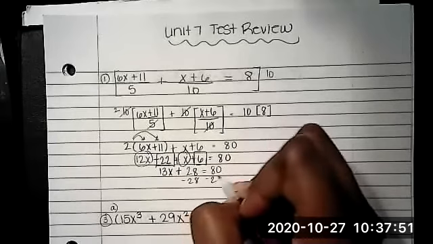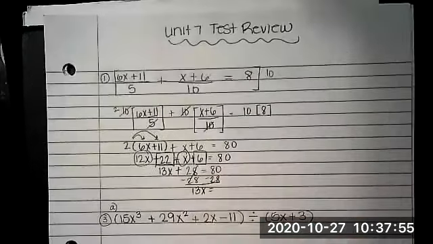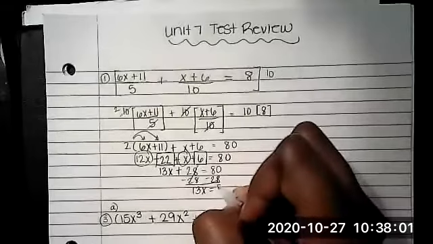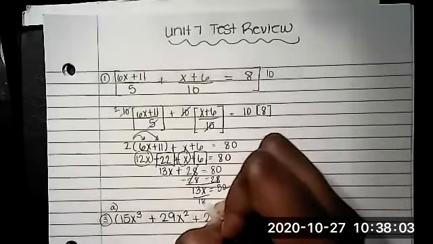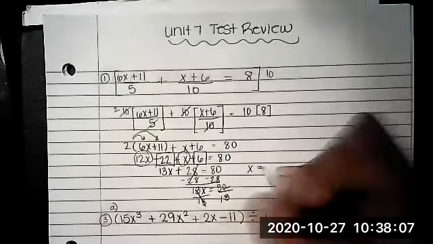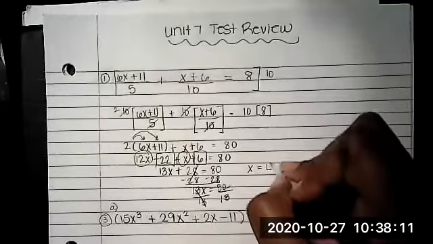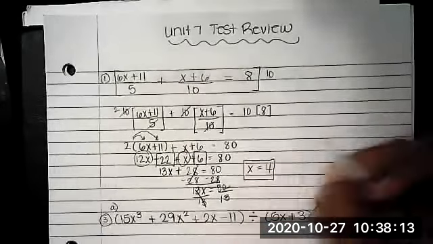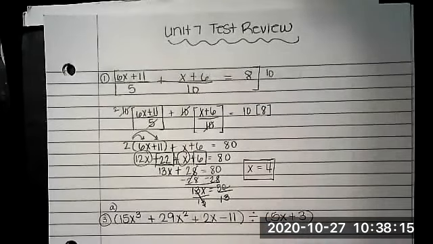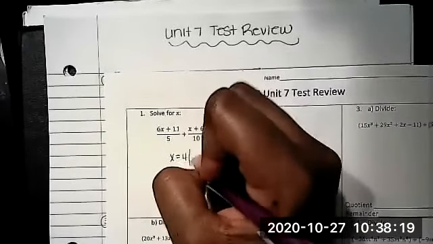Subtract 28, so 13x is going to be equal to 80 minus 28, which is 52. Then I'll divide by 13. So your x is equal to 52 divided by 13, which is 4. X is 4 after all of that. So on my test review, x is equal to 4.